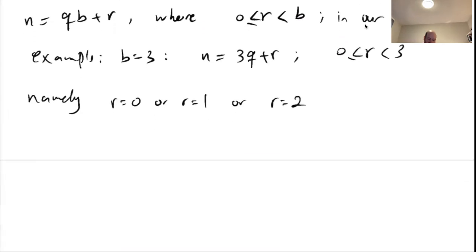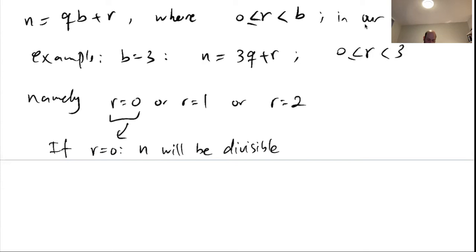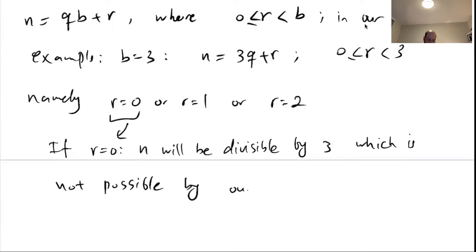But if r is equal to 0, then n will be divisible by 3, which is not possible by our assumption.